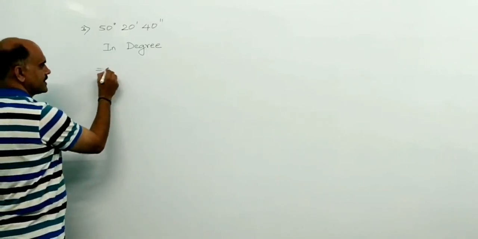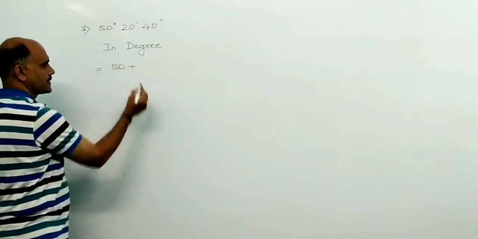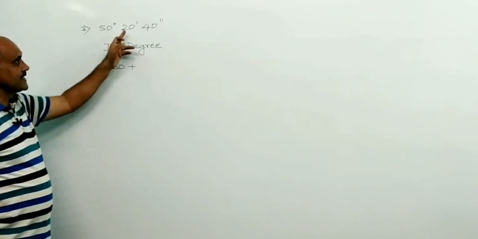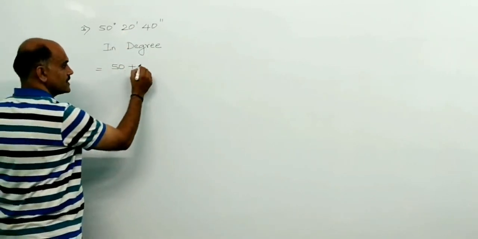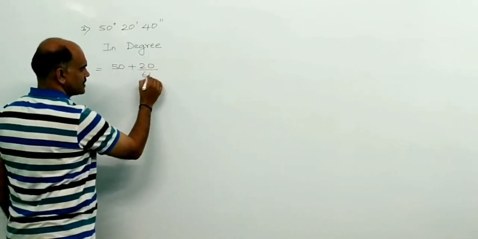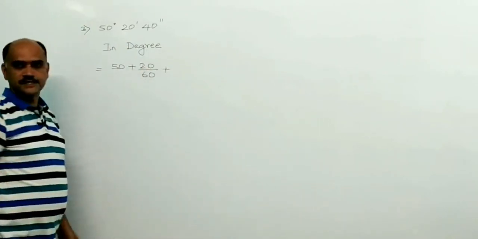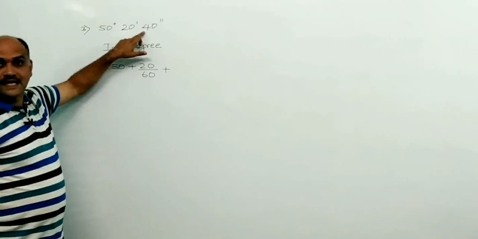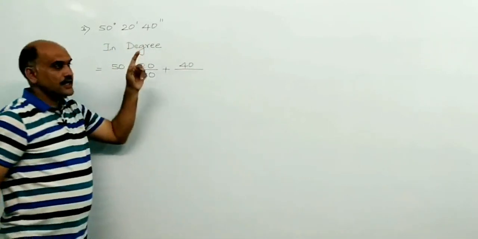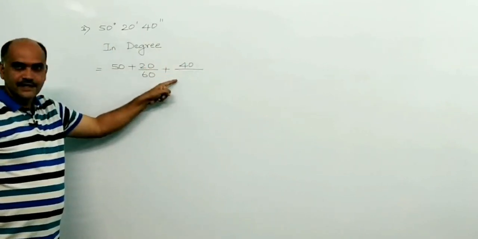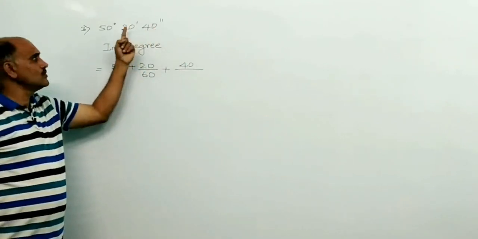So in degree this is 50 plus 20 by 60, since 20 minutes is there; to convert it to degree you should divide by 60. Plus 40 seconds is there. If you divide by 60, it gets converted from seconds to minutes.